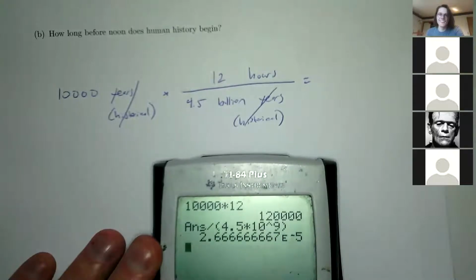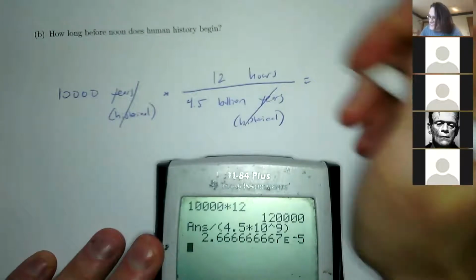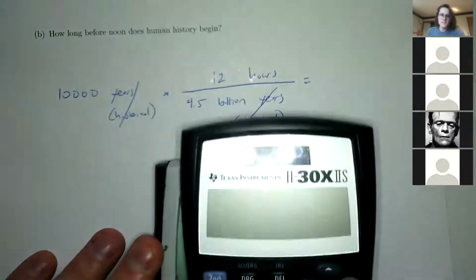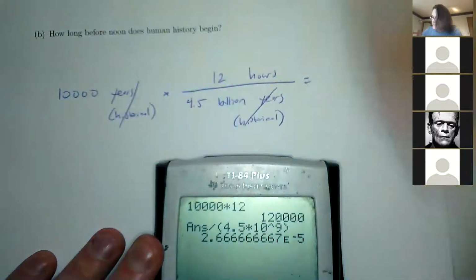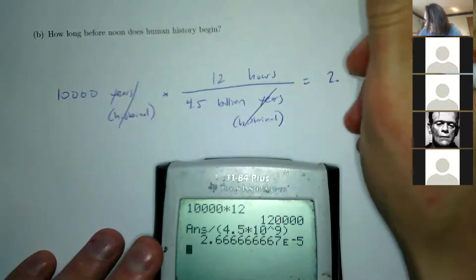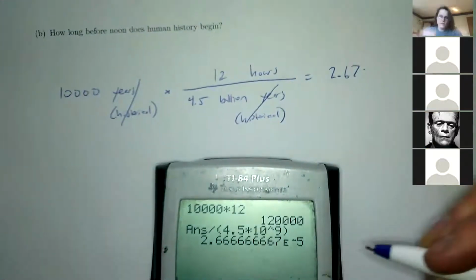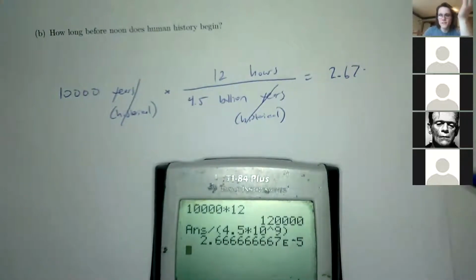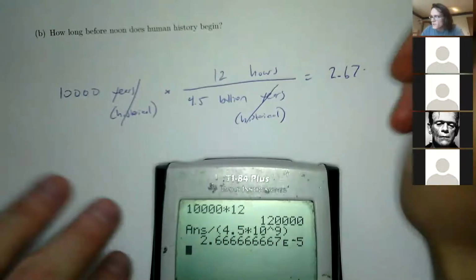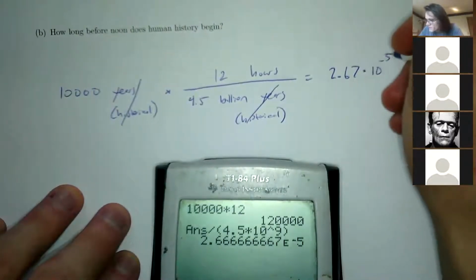So you get that. If you're using one of these calculators, I think it will also spit it out like that. It's scientific notation, and we've done this. You can write it as 2.67, I'll just round it, times E, and we mentioned before that the E just tells you it's 10 to whatever comes after the E. So it's 2.67, again rounded, times 10 to the minus 5.